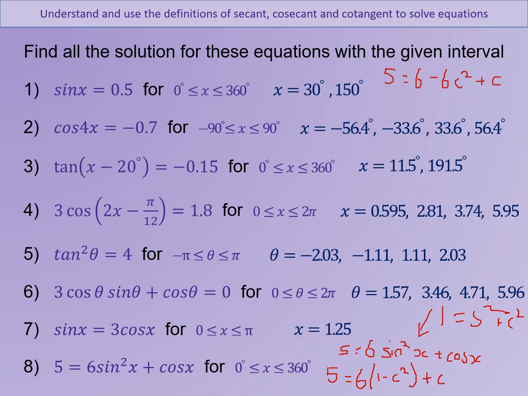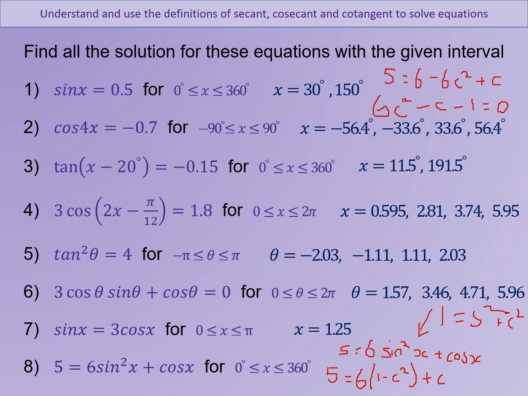Right, so a bit of rearranging. I'm going to take that to that side. I'm going to take that to that side to get -1. Right. So if I do that, I'm going to get 6 cos squared minus cos, and I'm going to get 6 taken away from there, so minus 1 equals 0.